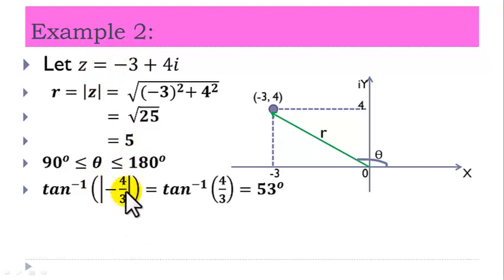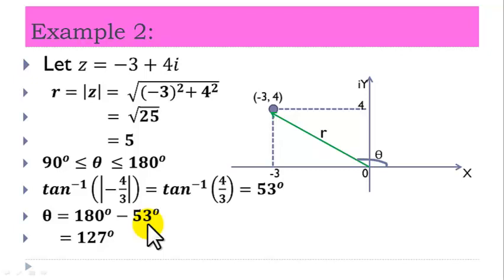The absolute value simply tells us to ignore the negative sign, and this is equal to arctan 4 over 3, which is approximately 53 degrees. So therefore, our argument theta is equal to 180 degrees minus 53 degrees. 180 minus 53 is equal to 127 degrees. So that is our argument theta.